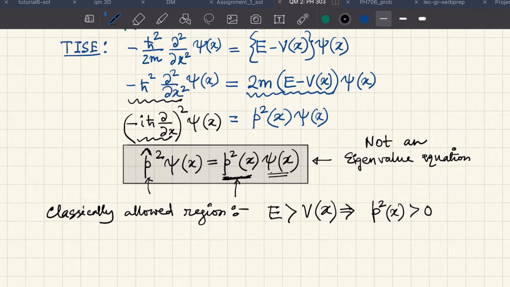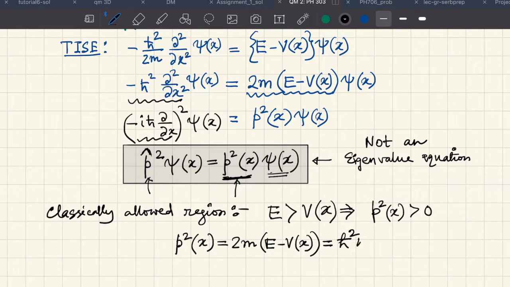We can therefore write p²(x) equal to 2m times (E − V(x)), which is sometimes, if you remember, written as ħ² k²(x).